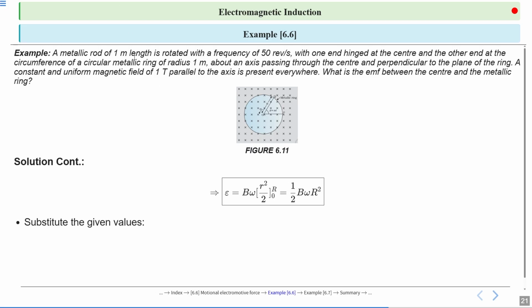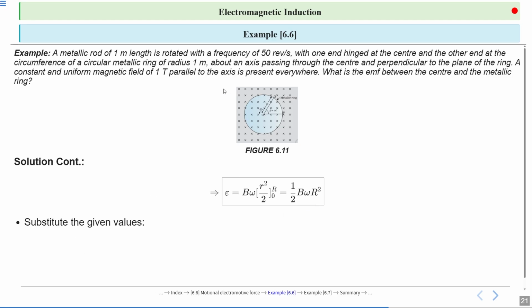Here radius and length are the same, that's why R is being used, but this R can be replaced by the length of the rod. So rotational EMF will be equal to half B, the magnetic field, into the angular velocity, into the square of the length of that conductor. This is the expression for rotational EMF.